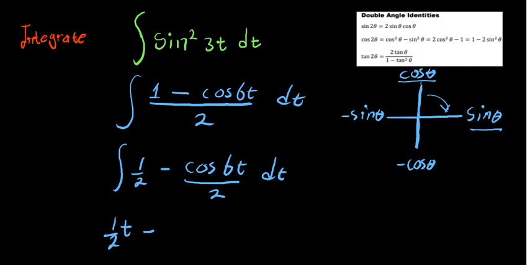Okay, so here you're just going to have sine 6t divided by, am I going to say divide by 2? The answer is no. We're also going to divide by the derivative of the angle.